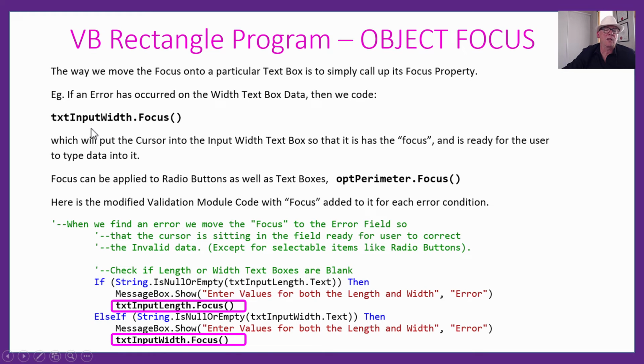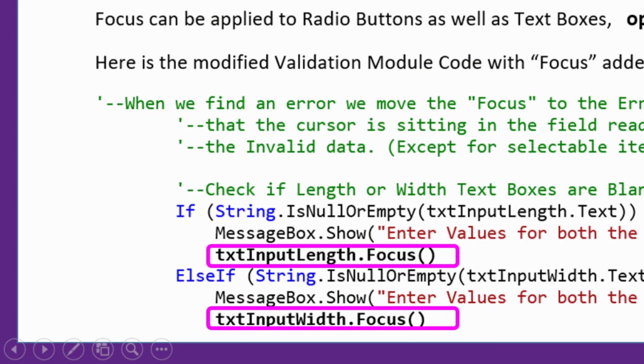Focus is a property of that text box, and it tells Visual Basic, hey, take your cursor and put it into that text input width box, because we want the user to fix it and type in there. Every time we come up with an error and show the message box, they click OK on the message box, and then we put a focus line of code in here.